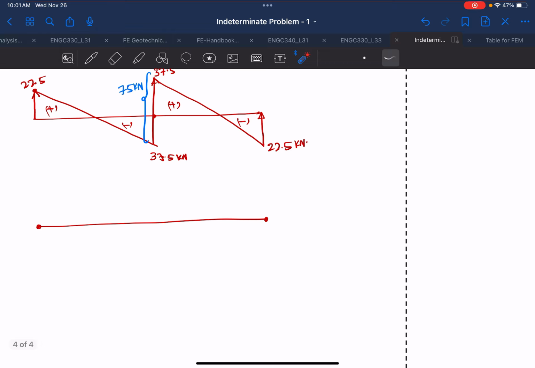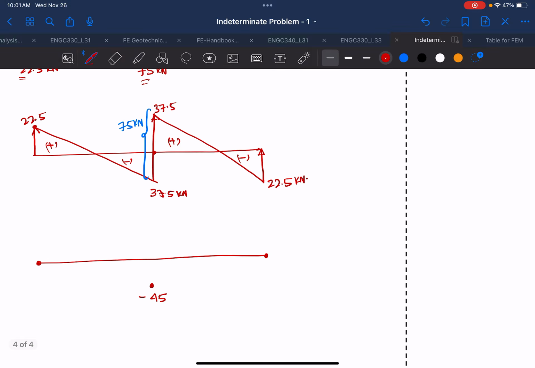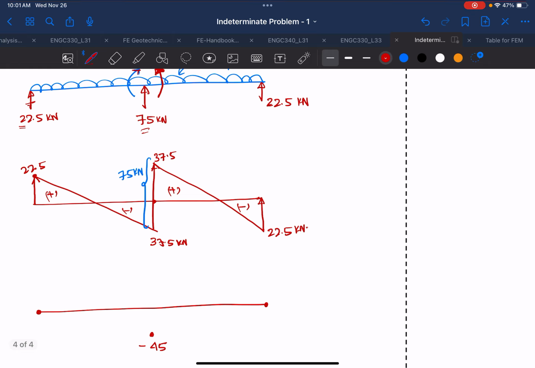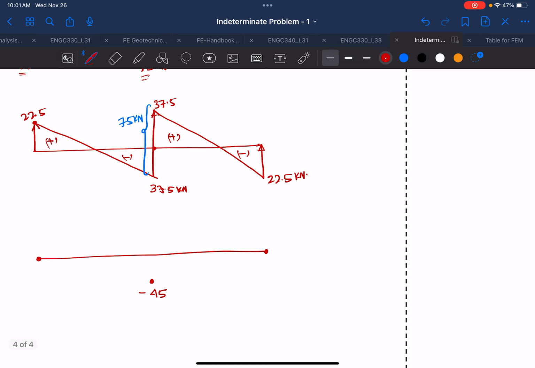So this point will be minus 45. Because there's a UDL, and if you remember the relationship, the UDL is 0 degree, a straight line, the shear force slope is 1 degree, so the moment will be 2 degree, a curve of 2 degree, and it will be positive, negative, positive.